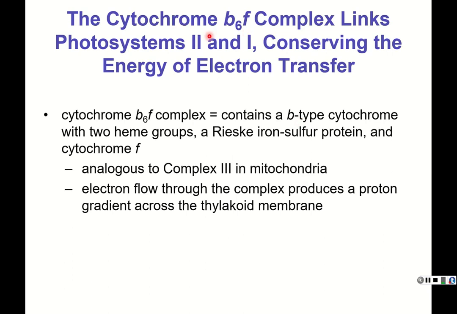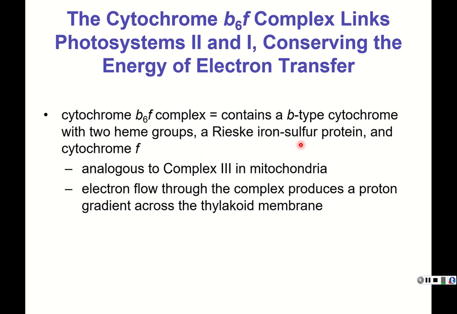The link between the 2 photosystems here is the cytochrome b6f complex. It contains, as the name suggests, a b-type cytochrome that has 2 heme groups. It has these Rieske iron-sulfur proteins and also a cytochrome f.